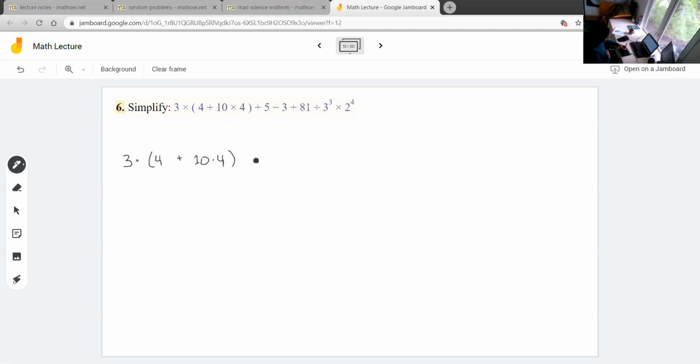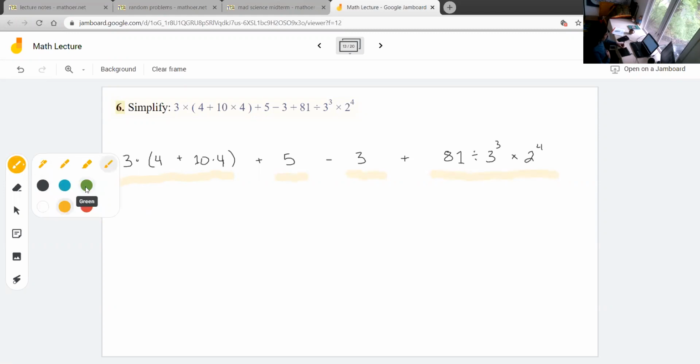Here's a plus outside parentheses, so I'll put space around it. Here's a minus outside parentheses, I'll put some space around it. There's a plus outside parentheses, I'll put some space around it. So if I was highlighting terms, I have one term here, one term there, one term there, and one term there.